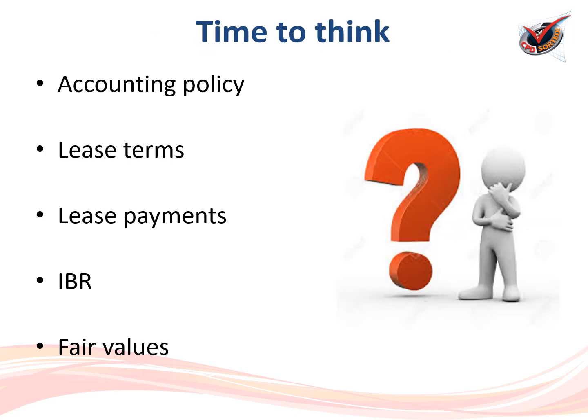Right, so time for you to think now. Picture the following scenario. A company enters into 50 individual leasing contracts for similar assets during the first month of the financial year.